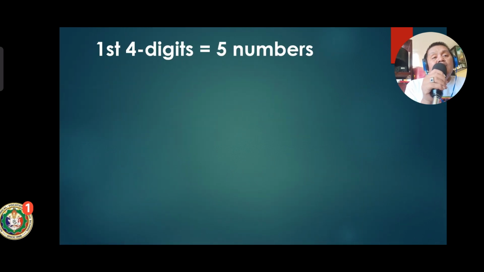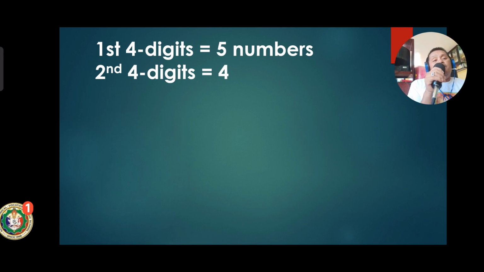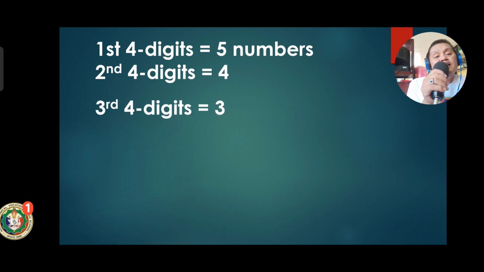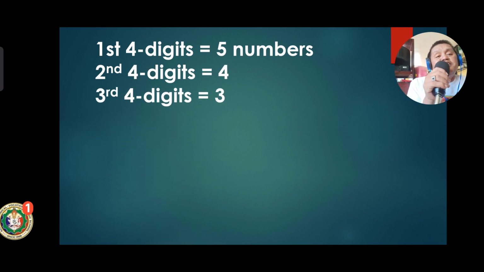So we have now the first digit, equal to 5 ways. Then we have the second digit, equal to 4 ways. The third digit is equal to 3 ways.